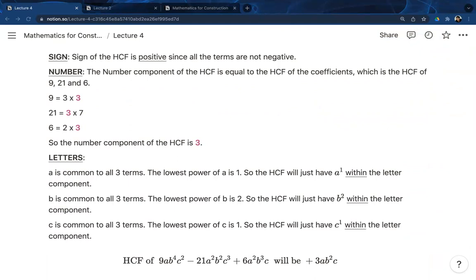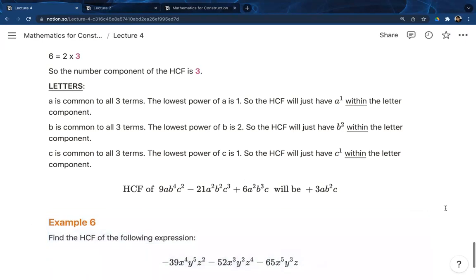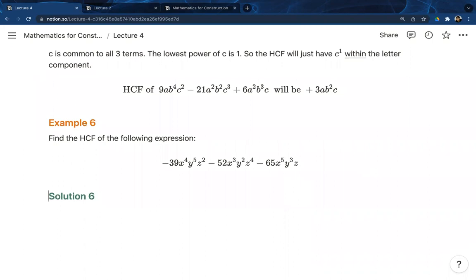Let's try this example here. Example 6. Find the HCF of this expression here. This expression is probably the first expression where the sign of all the terms is negative, right? So the HCF of this expression has to be negative, because all terms are negative. What about the numbers?